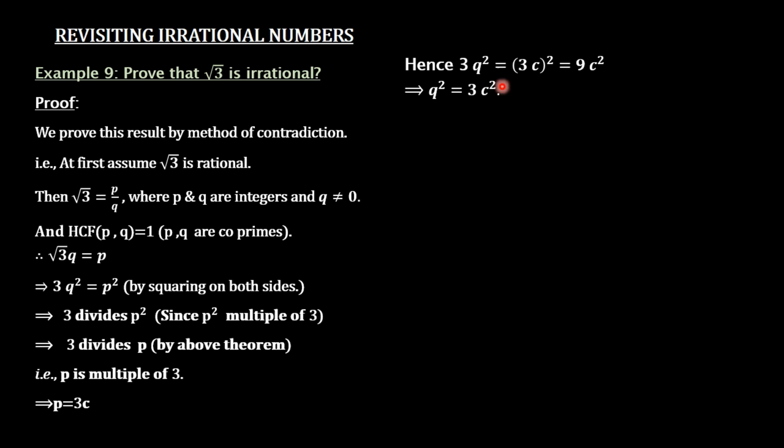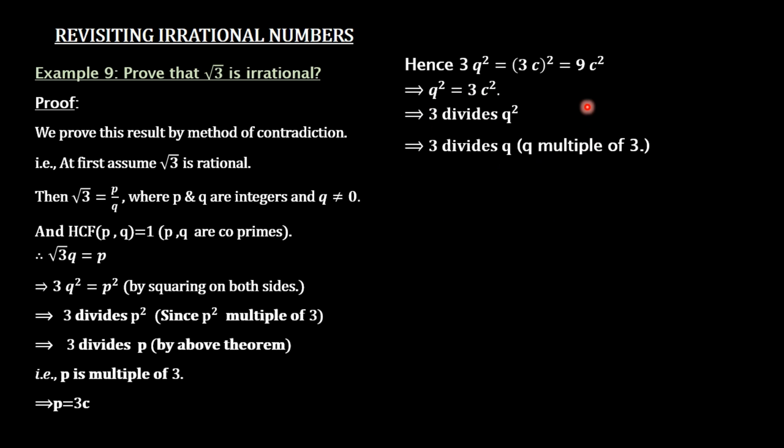That is, Q square is a multiple of 3, or 3 divides Q square, from this step. Then by the above theorem, 3 divides Q. Q is a multiple of 3, then Q equals 3K.